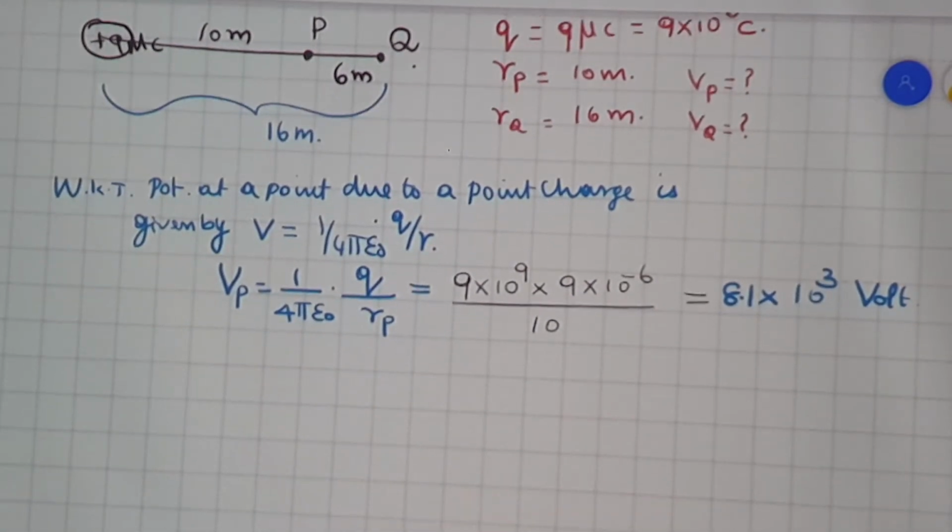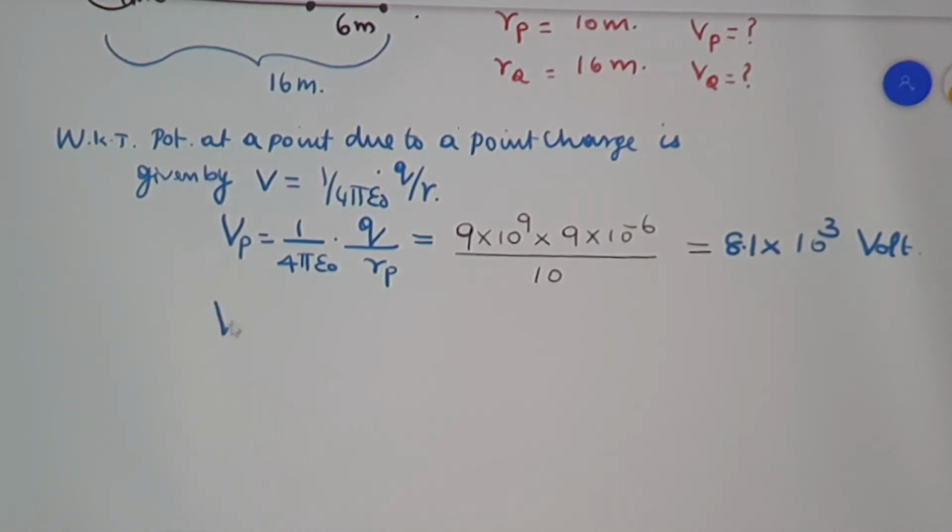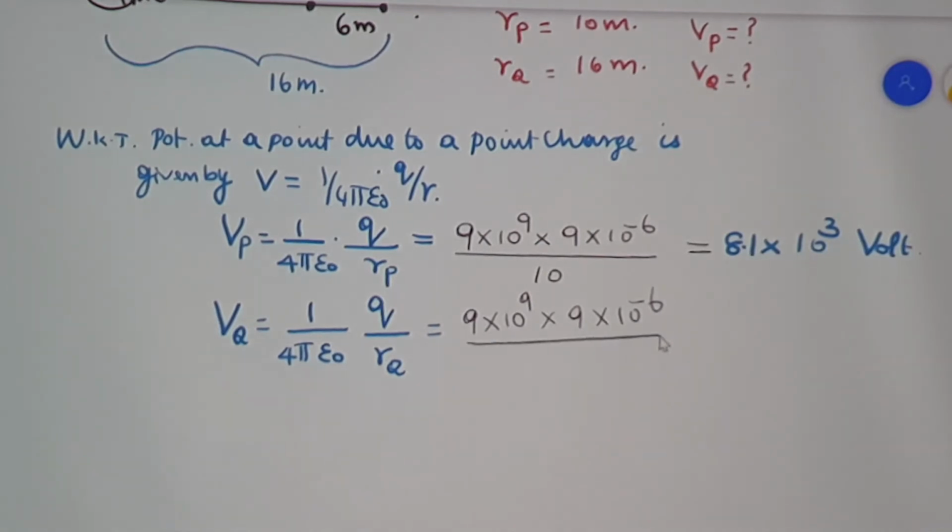Similarly, I can find the potential at Q. VQ is equal to 1 divided by 4 pi epsilon 0 into Q divided by RQ. Substituting, 9 into 10 to the power of 9 into 9 into 10 to the power of minus 6, whole divided by 16.